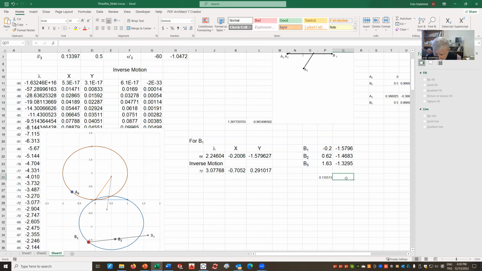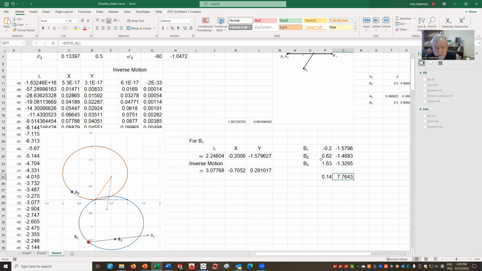That is the angle, which in terms of degrees, divided by dr, open parentheses. That is the angle the slider axis makes with respect to the horizontal, 7 degrees.